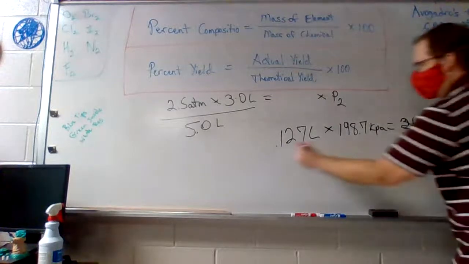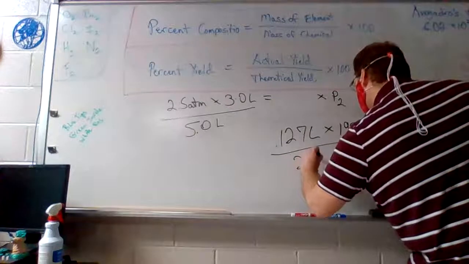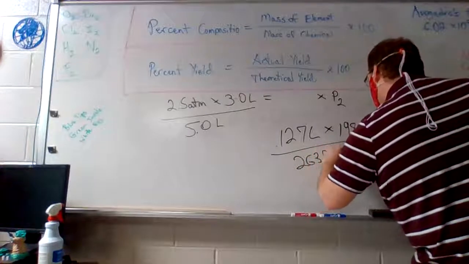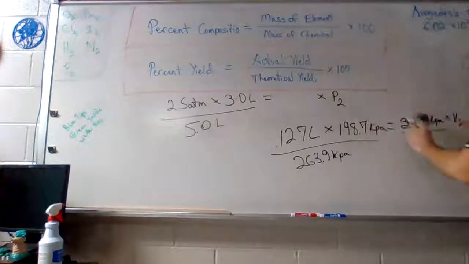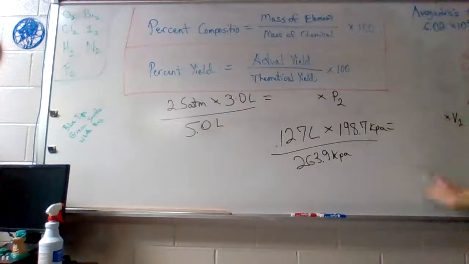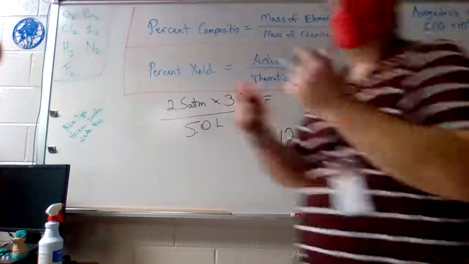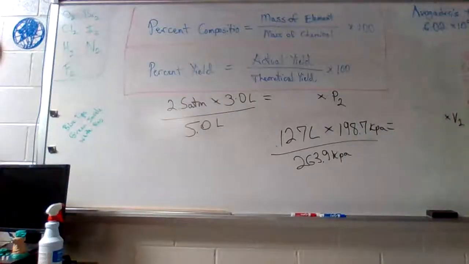Divide by this on both sides. This gets erased, and I end up with just V2 is equal to this. Multiply the top two numbers, divide by the bottom number, and you should be good to go.